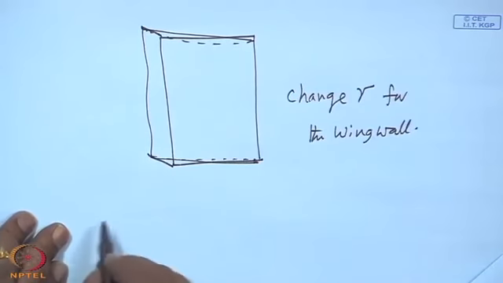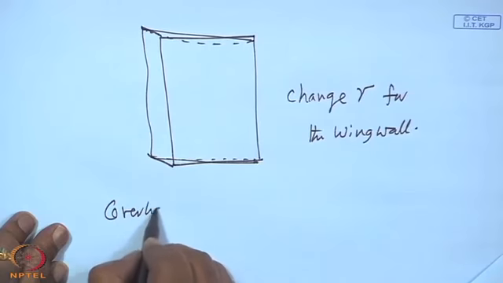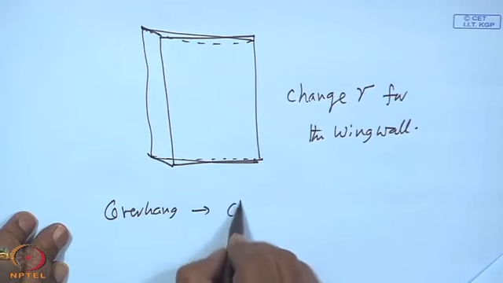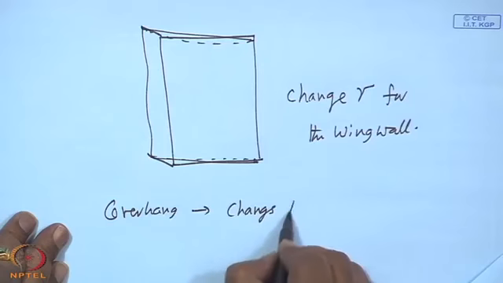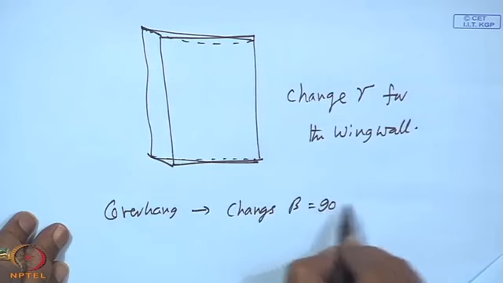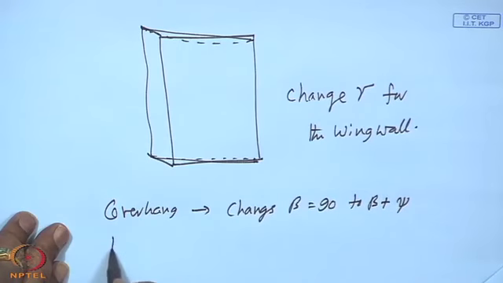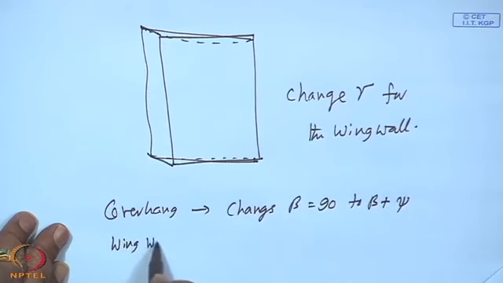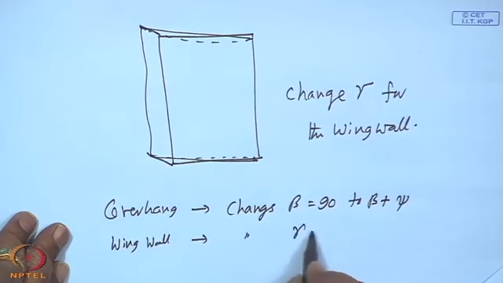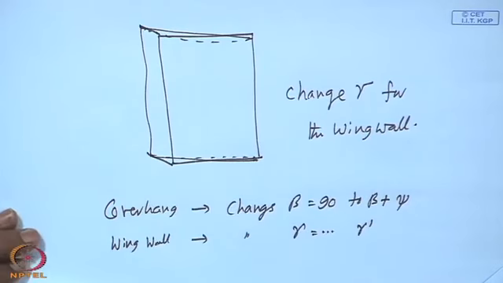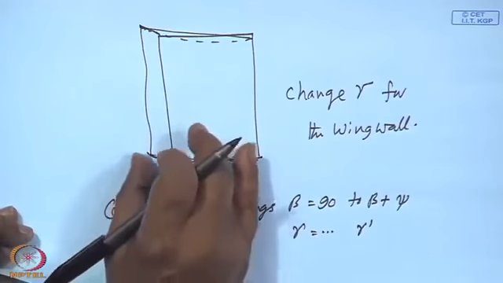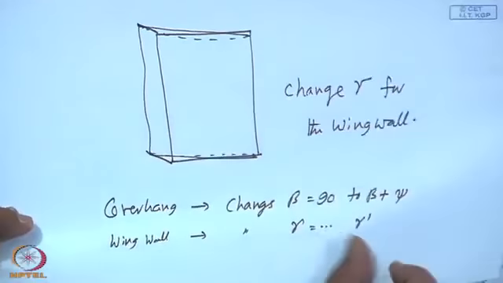Essentially you can summarize: the overhang changes beta and the wing wall changes gamma to some gamma dashed, which you can easily calculate because you know the projection of the wing wall and the width of the window.